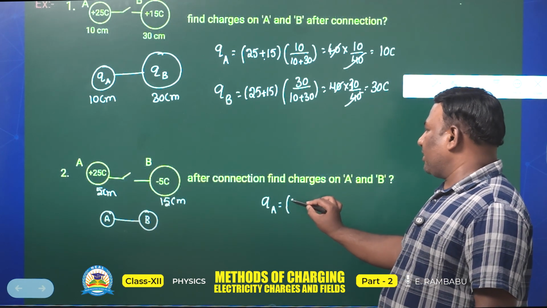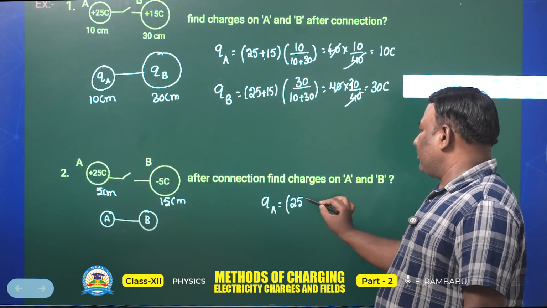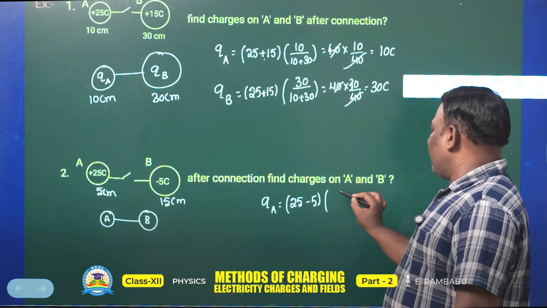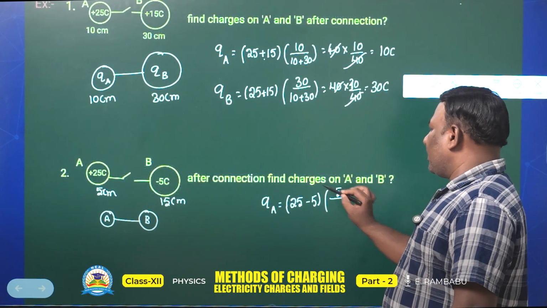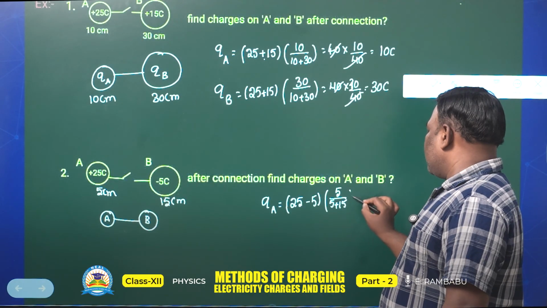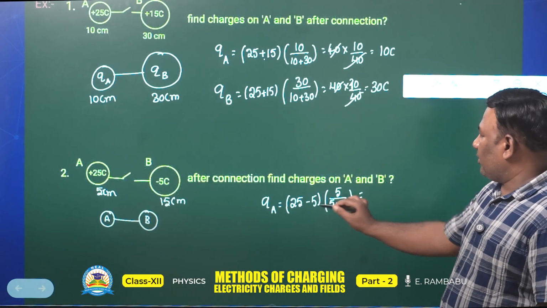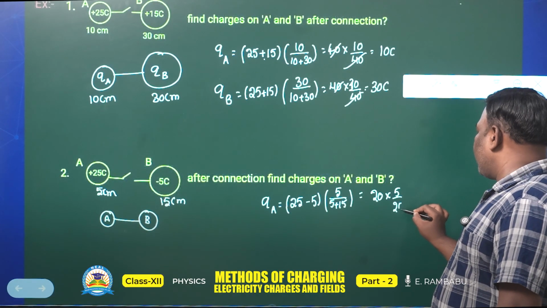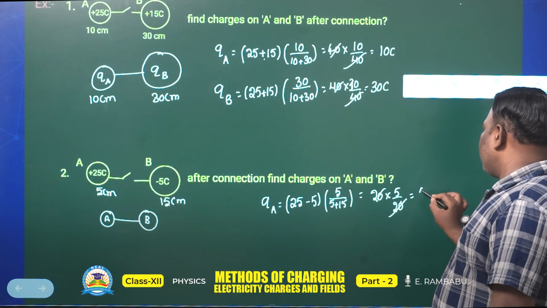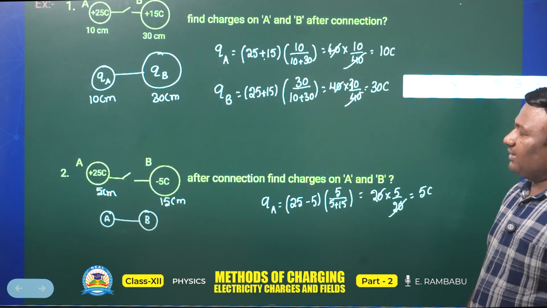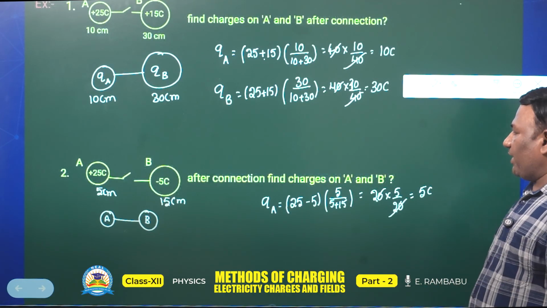System charge is nothing but 25 minus 5, into, we are writing for A, A means its radius is 5, and the total radius is 5 plus 15. Simplifying this, we obtain 20 into 5 by 20. 20 and 20 cancel. This is 5 coulomb. After taken into contact, the charge on A becomes 5 coulomb.